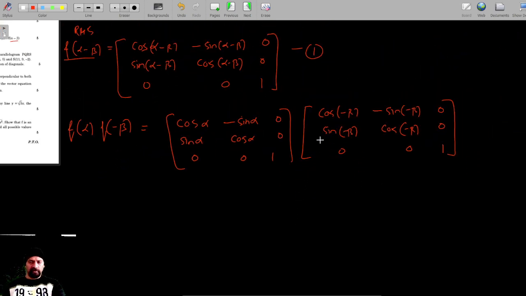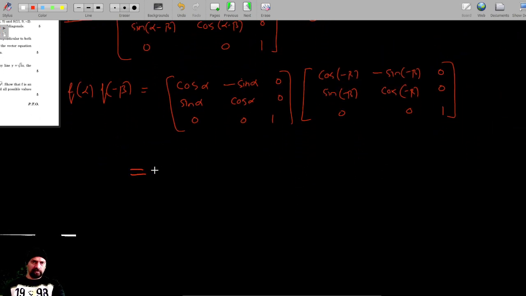Now we have to multiply this, but before that, let's just simplify this. So our first matrix is cos alpha, minus sine alpha, 0, and this is sine alpha, cos alpha, 0, 0, 0, 1.